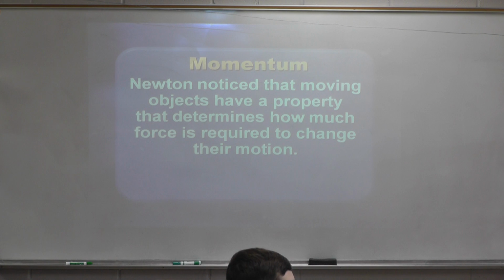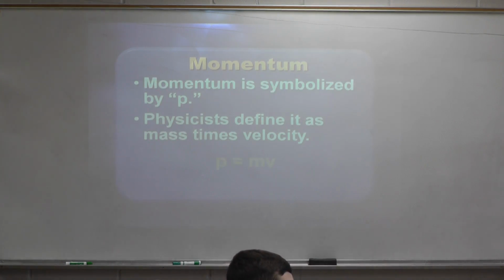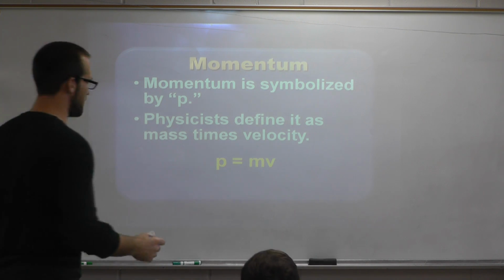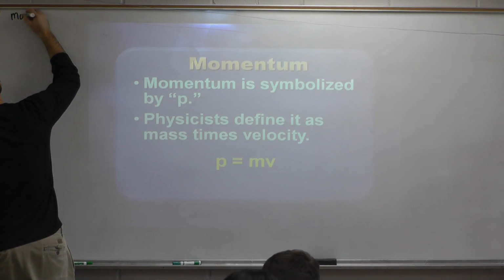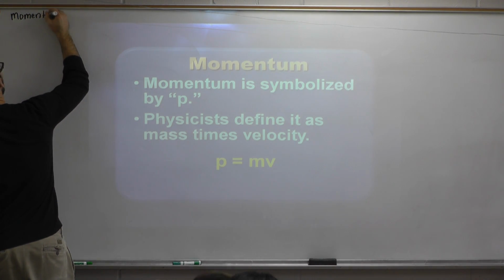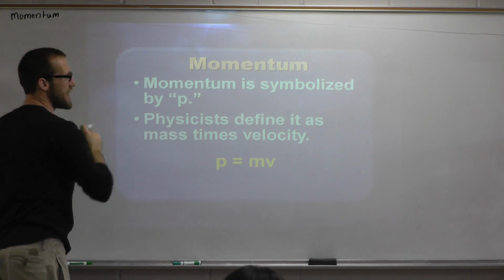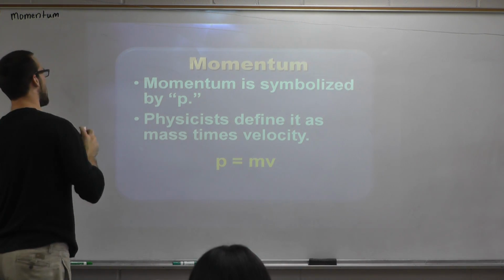So, let's tackle this. Here's your equation, and yes, you're probably thinking, that's a goofy symbol that they use for momentum. Back in your book, our last new variable for this chapter is momentum.